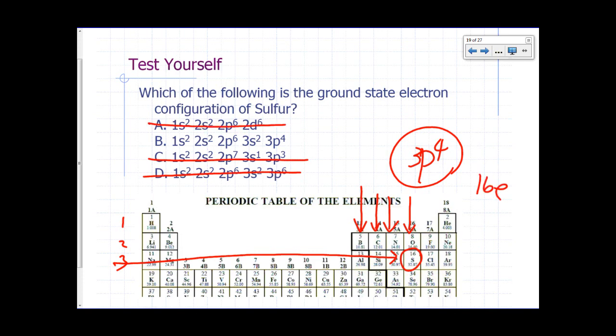You have 16 electrons. 1s2, 2s2, 2p6, that's 10, plus 2, that's 12, plus 4, that's 16 electrons. Now, there are other things you can look at here too. You can see 2d6. There is no 2d orbital, so immediately you know that that's wrong. Here, you'll notice there's a 2p7, so immediately you can spot that. That can't be right. You can't have more than 6 electrons in a p subshell, right? And if you add up the electrons here, you're going to end up with 18 electrons. This would be the ground state for argon.